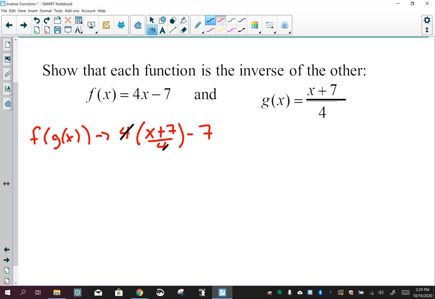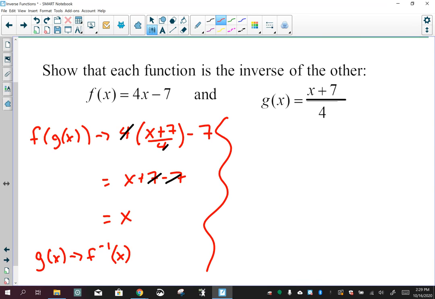My 4's will cancel. That leaves me with x plus 7 minus 7. So my 7's are going to cancel, and that leaves me with just an x. So I can say that g of x is the same thing as f inverse of x.